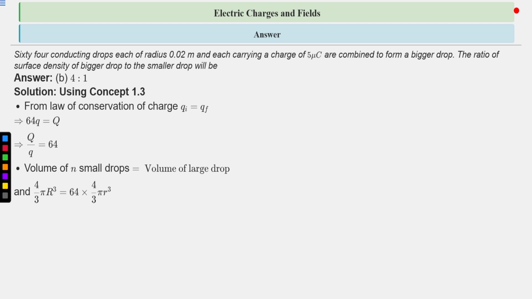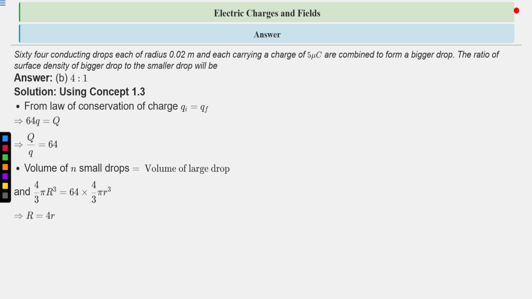So 4 by 3 pi capital R cube, capital R being the radius of the bigger drop, is equal to 64 into 4 by 3 pi small r cube. 4 by 3 pi small r cube is the volume of one small drop, and into 64 because 64 drops are combining, so the volume of 64 drops is equal to the volume of the bigger drop.